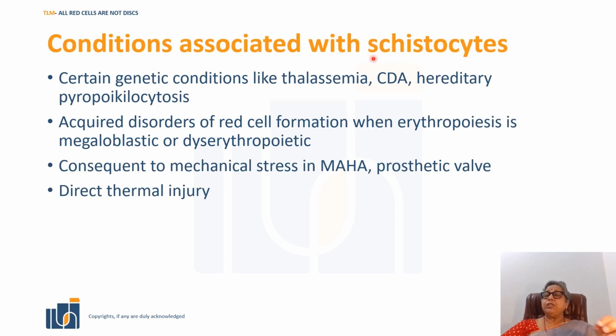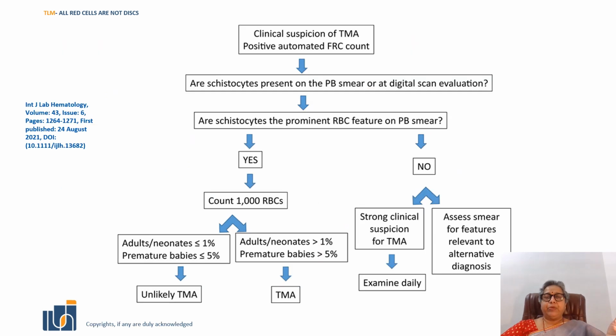Now, what are the conditions associated with schistocytes? Certain genetic conditions like thalassemias, CDA, hereditary poikilocytosis, acquired disorders when erythropoiesis is megaloblastic or dyserythropoietic, consequent to mechanical stress in microangiopathic hemolytic anemias, prosthetic valves, and direct thermal injuries. So these are the clinical conditions where one would see schistocytes on the peripheral smear.